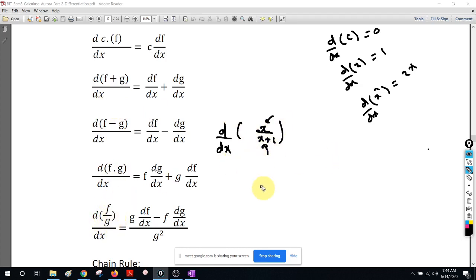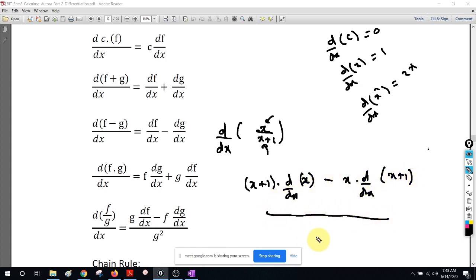That means down into derivative of up, minus up into derivative of down, divided by down square. Down is x plus 1.